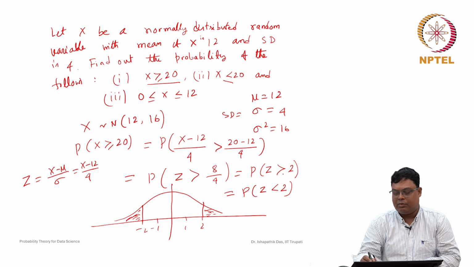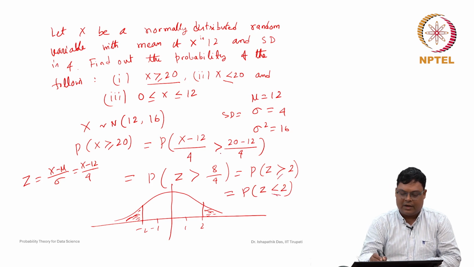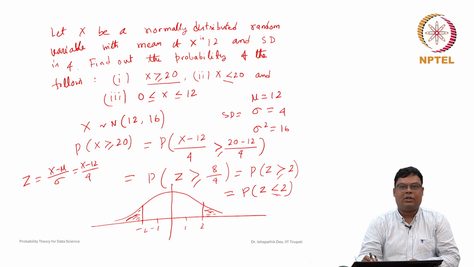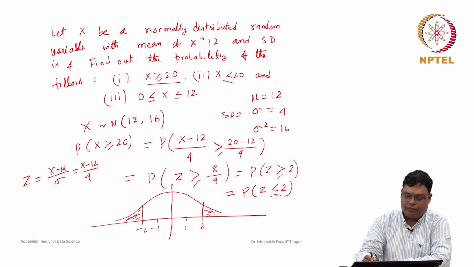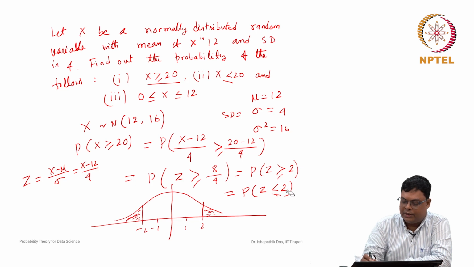Because it is a continuous distribution, writing greater than or greater than or equal to does not change anything. So, this is z less than or equal to minus 2.